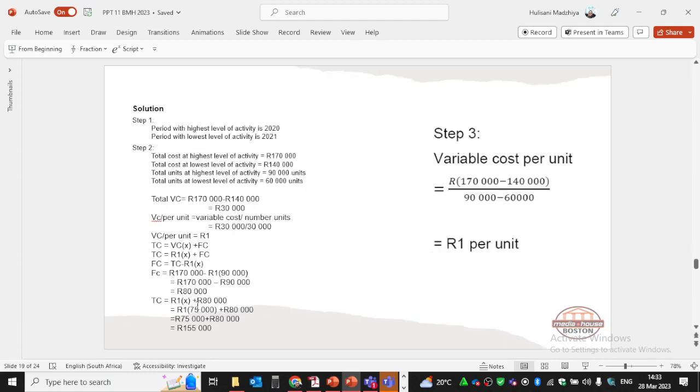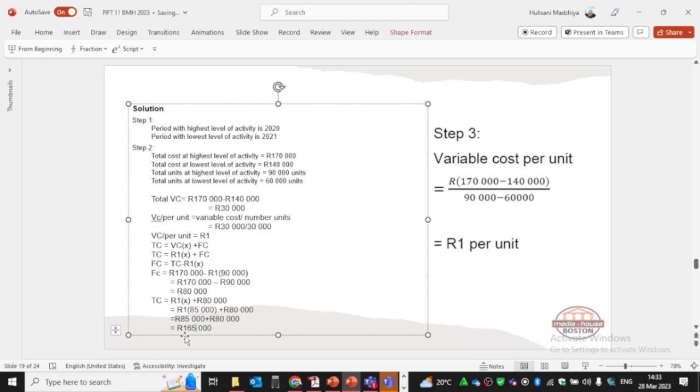So let's just try that out. We are saying that X will become 85 in the future. So when we estimate, we have variable cost being 1 rand multiplied by 85,000 units giving us 85,000, plus 80,000, so that will be 165.